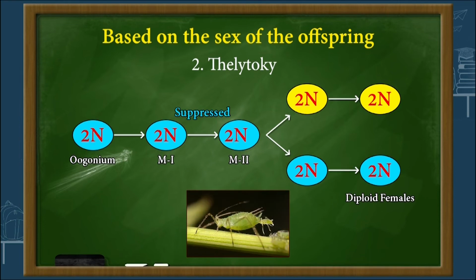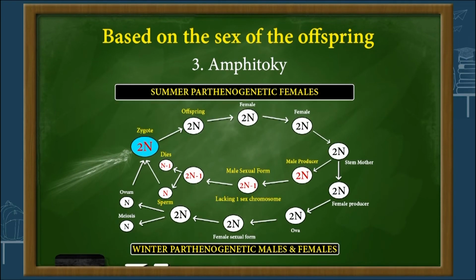The best example is found in aphids during summer, as we have seen. And the third type is amphitoky, where both male and female parthenoids are produced. The best example comes from the aphids again in cyclic parthenogenesis during winter. Both the male and female parthenoids are produced.